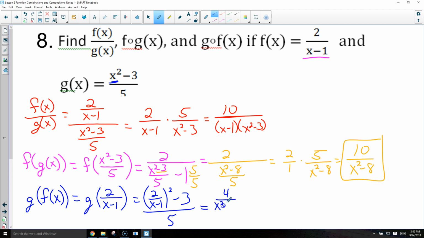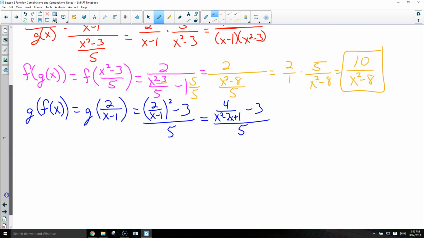So that's x squared minus 2x plus 1. So now I need to put this over top of 1 and multiply by x squared minus 2x plus 1 over x squared minus 2x plus 1.